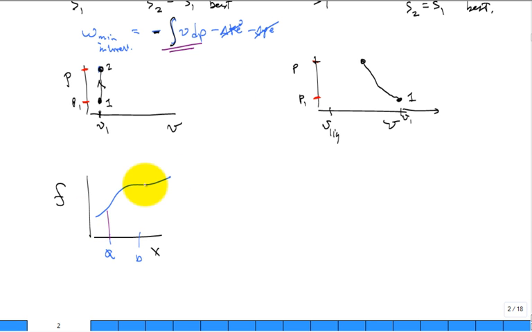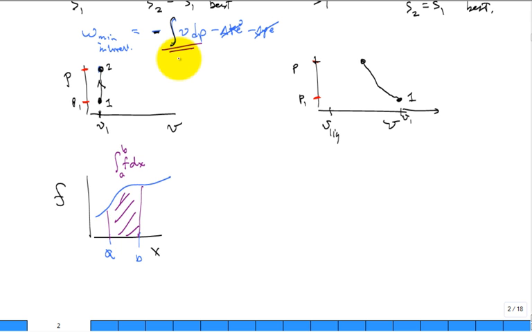Then what is the integral f dx from a to b? Isn't it visually the area under the curve? True? But we're looking at this integral, the integral V dP, but where's the change? It's not on the x-axis, it's on my y-axis.